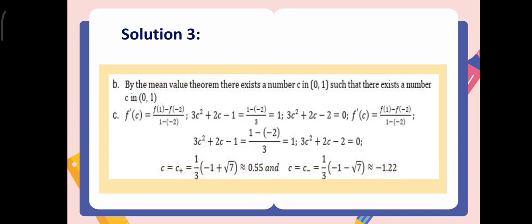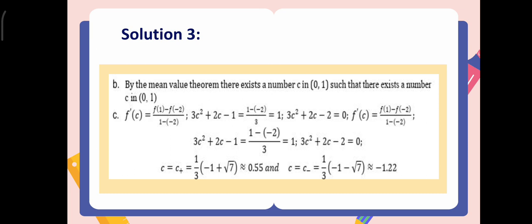Now letter B. We're going to find the suitable choice of c that satisfies the conclusion. By the mean value theorem, there exists a number c in the open interval (-2, 1).